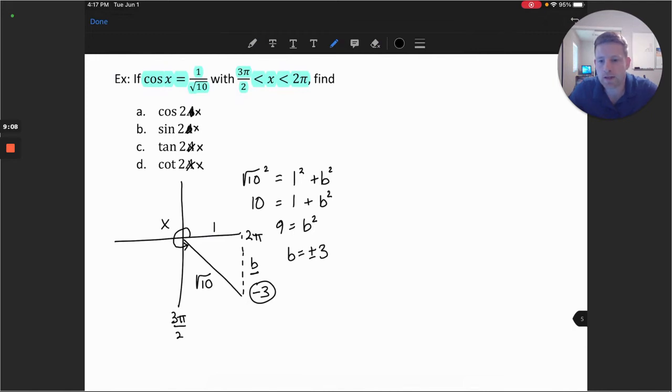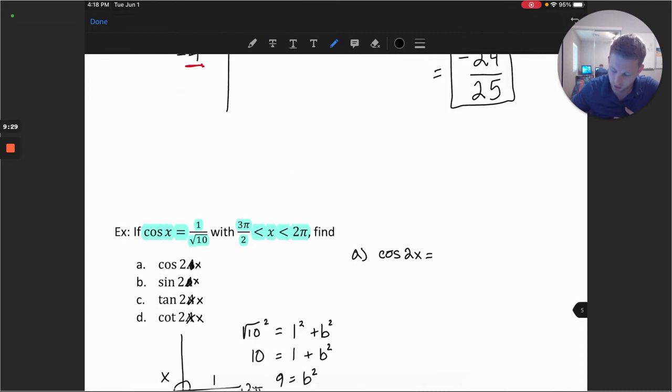All right, now that we have a triangle all worked out here, let's go and see how we can go out and solve the cosine 2x. So we'll start with part a, cosine 2x. We can take a look.